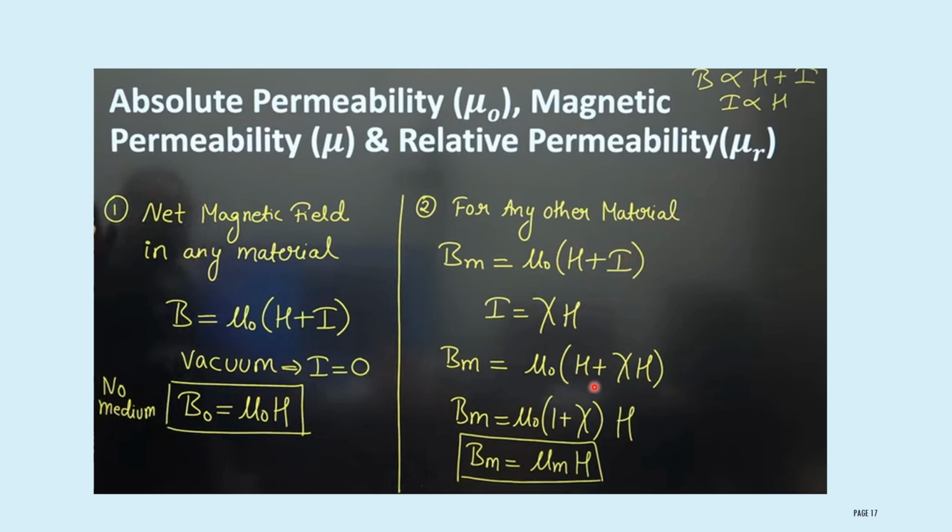In this formula H is common. Therefore Bm will be equal to mu naught into (1 plus zeta) into H. Here, in place of mu naught (1 plus zeta), we can write mu m, because this is for a particular material. Then Bm will be equal to mu m into H.